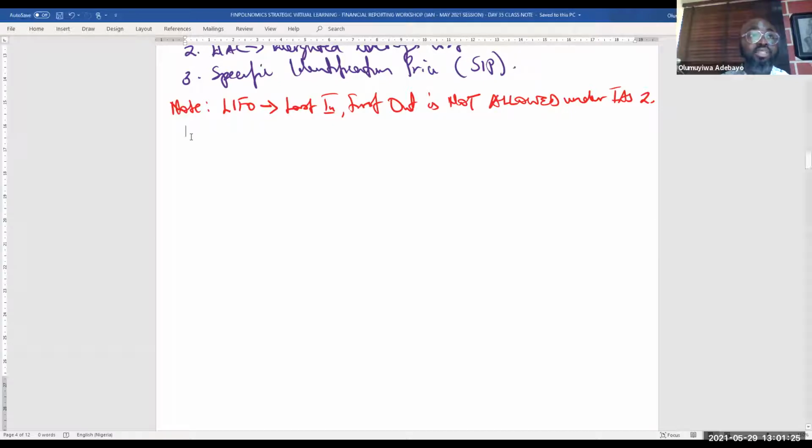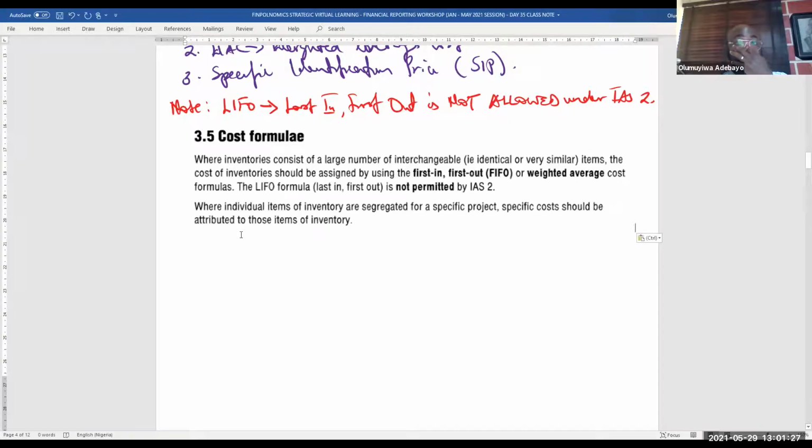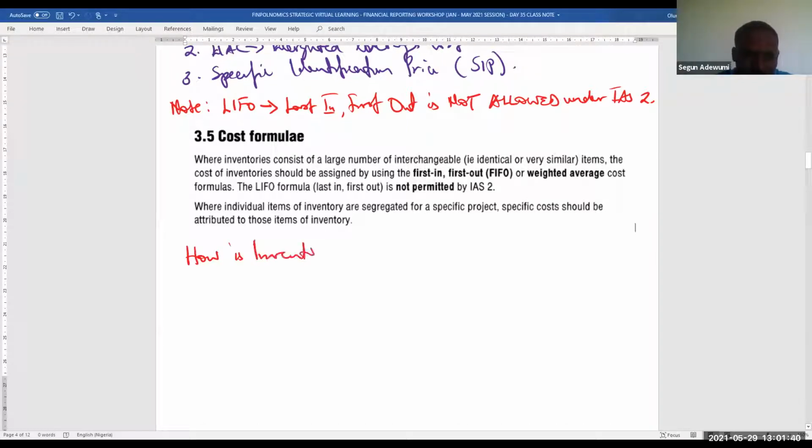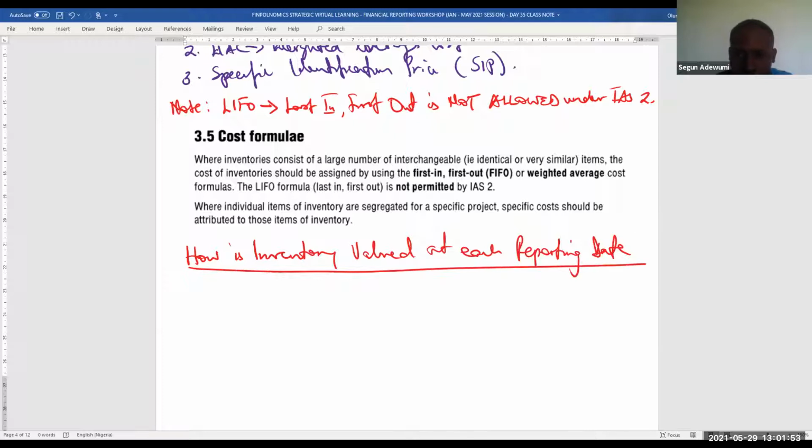But in wrapping that up, I want somebody to read this and we'll move further to how we value inventory. Cost formula. Where inventories consist of a large number of interchangeable, that is identical or very similar items, the cost of inventories should be assigned by using the first in, first out, FIFO, or weighted average cost formulas.